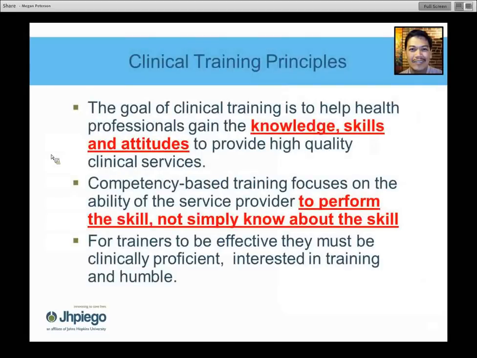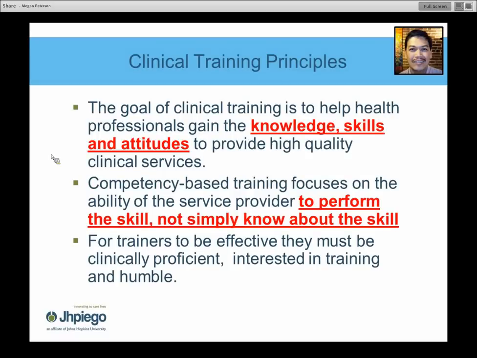So in the clinical training principles that we at Chipago follow, the goal of clinical training is to help health professionals gain the knowledge, the skills, and attitudes or behavior to provide high quality clinical services. In order to do this, I think most of you who have been working with us are familiar with the competency-based training, which focuses on the ability of the service provider to perform the skill and not simply know about the skill or about the product.